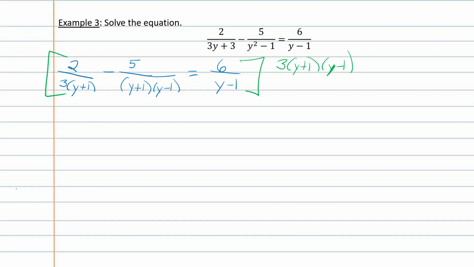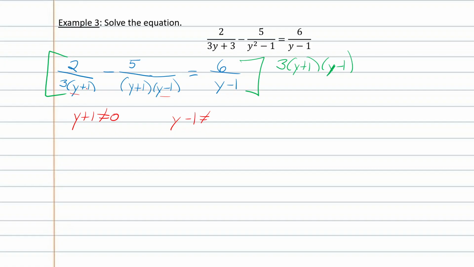But before we get there, and before we do that distribution, let's go ahead and identify any unacceptable values. Now, I have a y plus 1 in the denominator and a y minus 1 in the denominator that could cause some issues. And this is going to let us know that y plus 1 cannot equal 0 and y minus 1 cannot equal 0. I'm not really worried about the 3 right there.